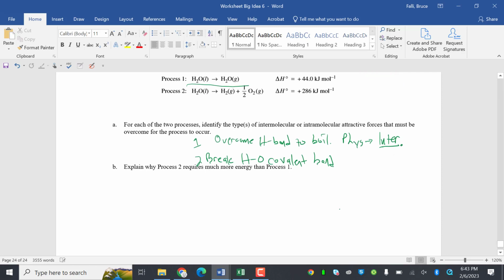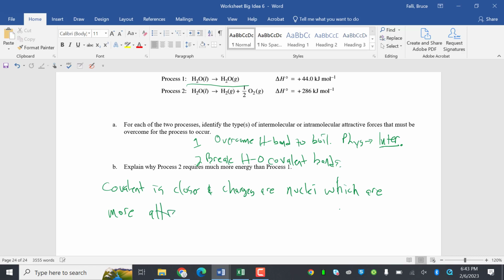So first of all, covalent is closer, and the charges involved are nuclei, which are more attractive than H bonds.